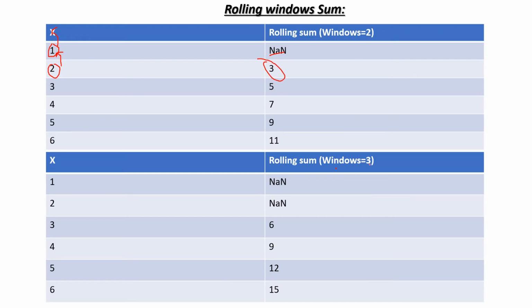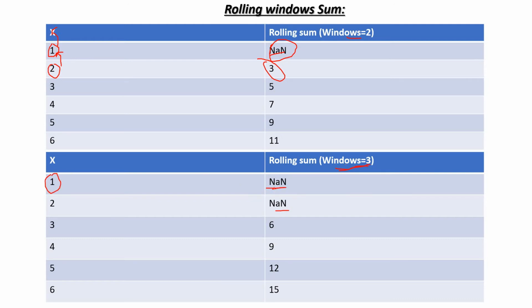Now we'll see how this will work with window equals 3. You can see here with window equals 2, we are getting NaN only one time, but in this we are getting it two times. Why? Before this element we should have two elements to add.